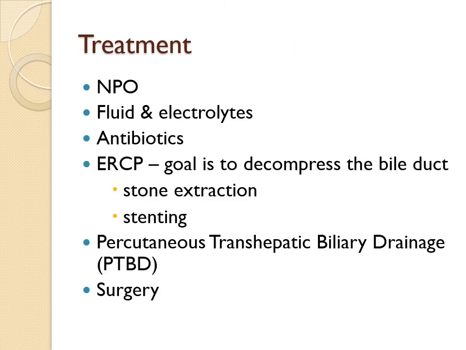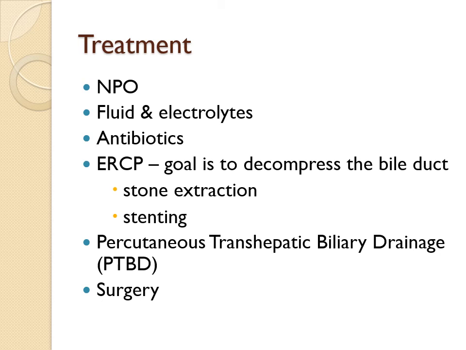So how do we treat patients with cholangitis? So we place the patient on nothing per orem. We correct the electrolytes and start the patient on IV fluids. We start the patient on IV antibiotics, broad spectrum antibiotics to cover for the organisms. But the goal is to decompress the bile duct, and the modality of choice is to do ERCP.